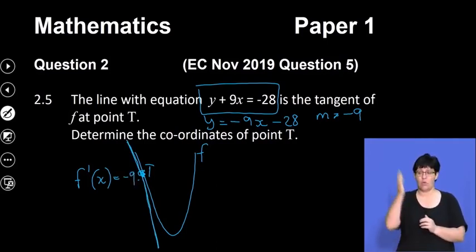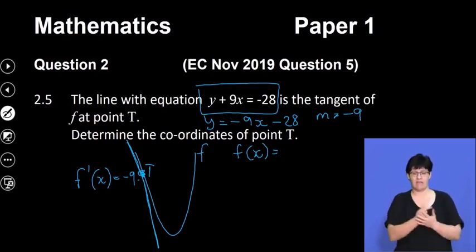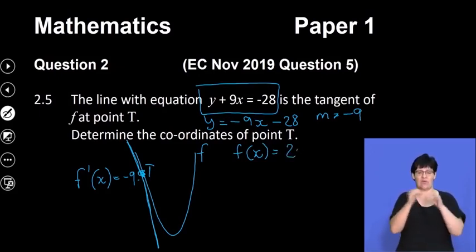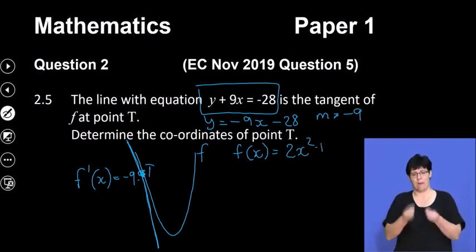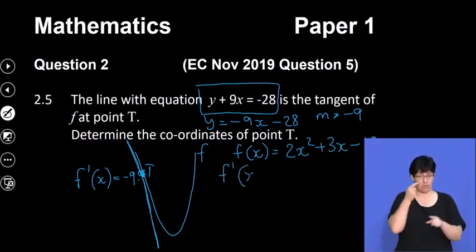Okay, so we now know that f of x, because we know a, b, and c. And the great thing about the way that they asked the last question is that even if you couldn't quite show that a was 2, b was 3, and c was negative 10, you're allowed to use those values now to get the correct function. So we have 2x squared plus 3x minus 10. We're now going to find the derivative of that, and this is a nice, easy function to find the derivative of.